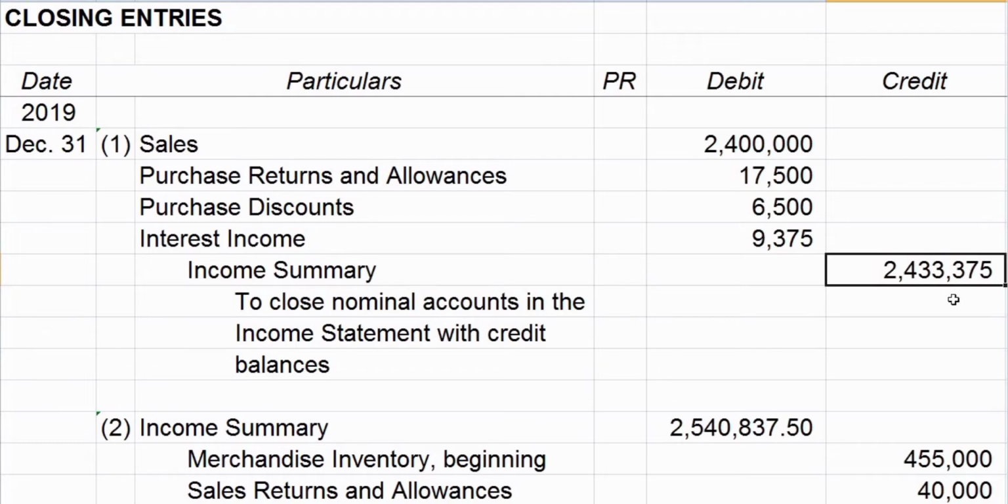We can explain this entry with the words to close nominal accounts in the income statement with credit balances. Please note the date of closing entries, the end of an accounting period. In this particular problem, December 31, 2019. Then, just like adjusting entries, it is advisable to number the closing entries for easier referencing later on.